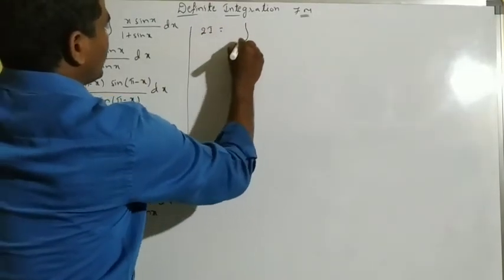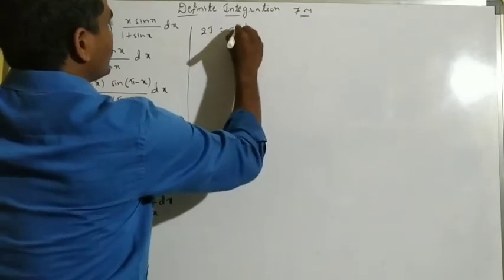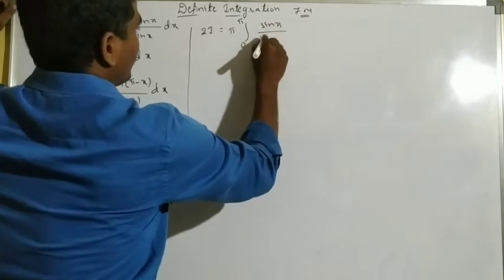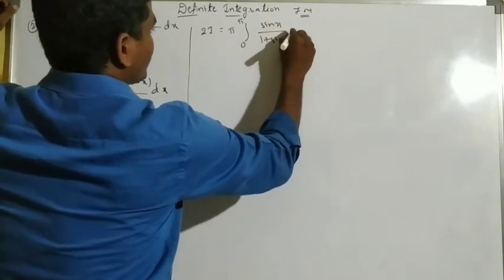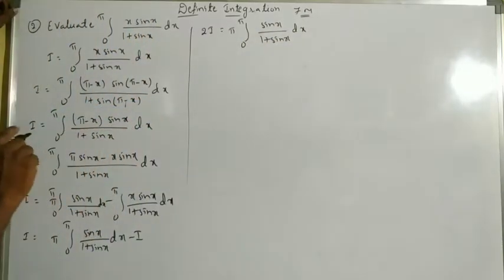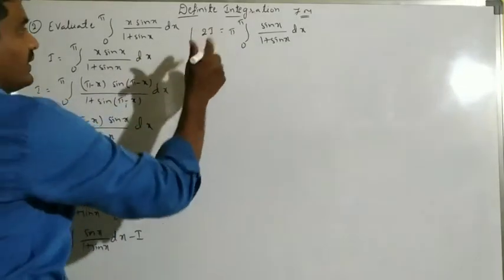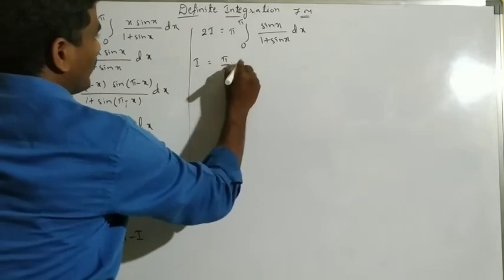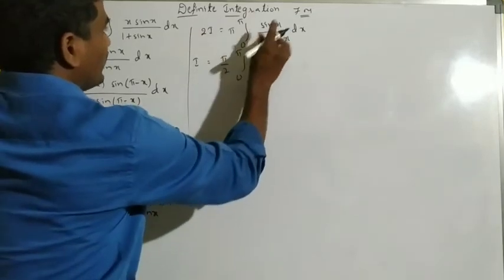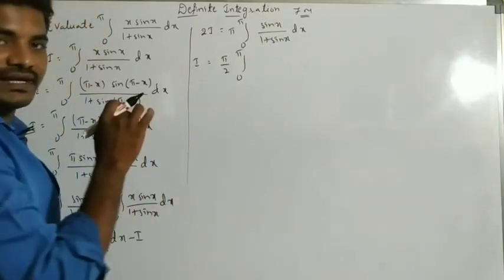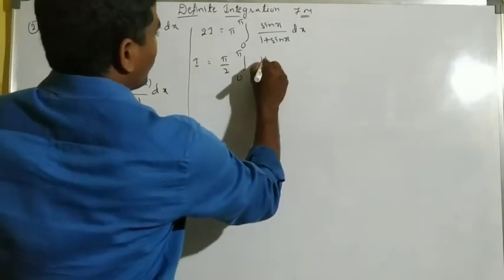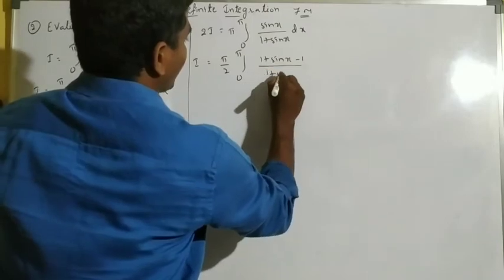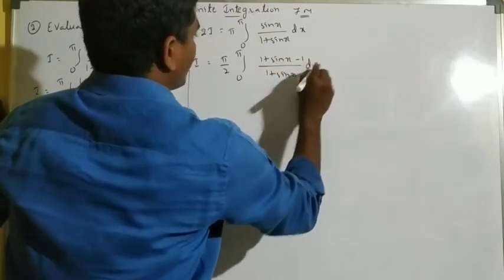2I equals integral of 0 to pi of pi sin x by 1 plus sin x dx. Here 2 when you take here we can get I equals pi by 2 integral of 0 to pi, and this I am going to write sin x as 1 plus sin x minus 1 by 1 plus sin x dx.